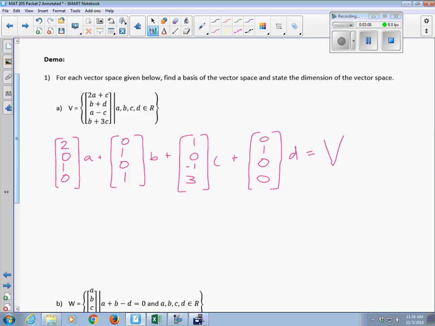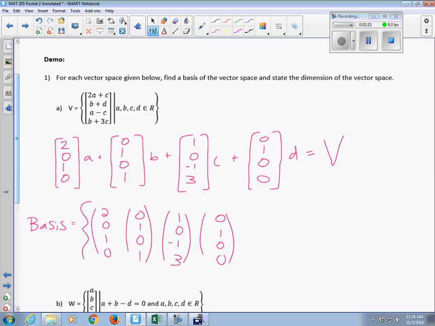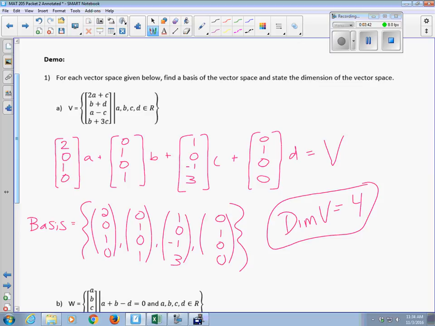So my basis is made up of those 4 vectors. Okay, so there's my basis. 4 vectors that span the whole space and are linearly independent. So what is the dimension of my vector space V? 4. It's 4 vectors in the basis, its dimension is 4.